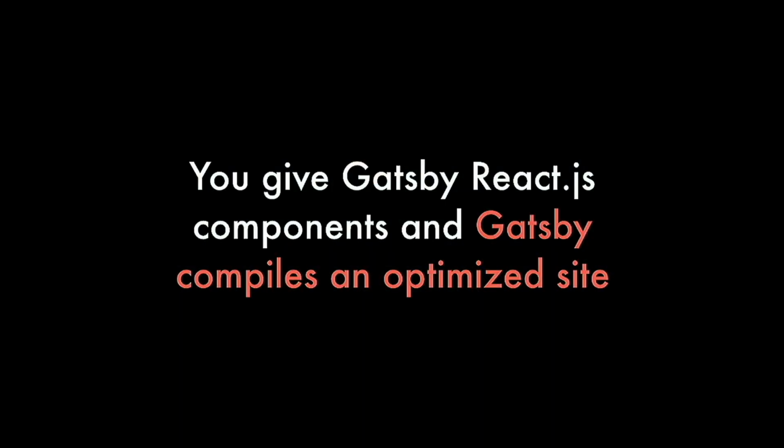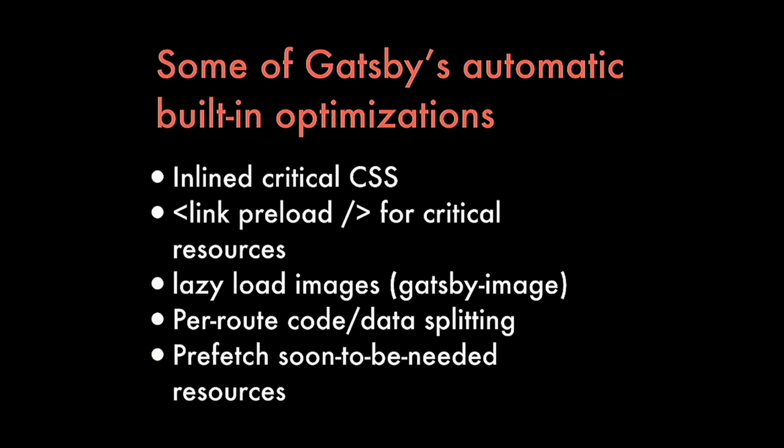The basic contract between Gatsby and the creator using Gatsby is you just focus on React components, and then you hand Gatsby the components, and then it compiles those to an optimized site. So it has a lot of built-in optimizations. It identifies the critical CSS for each page and inlines it in the head, which avoids an extra HTTP request.